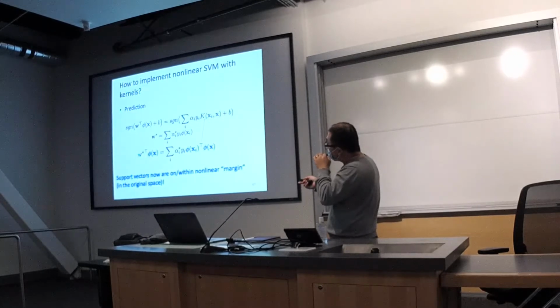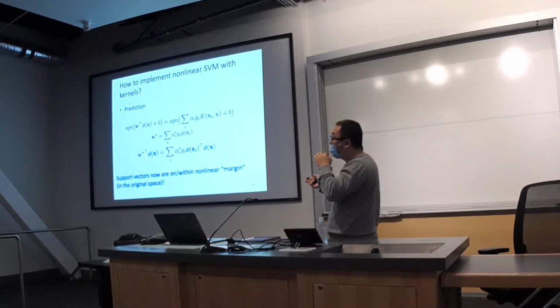You get the inner product between the W vector and the mapped feature vector for a new test input as this summation. The summation is over all the training examples, weighted by alpha i star and yi, and then you calculate the inner product between every training example and the test input.